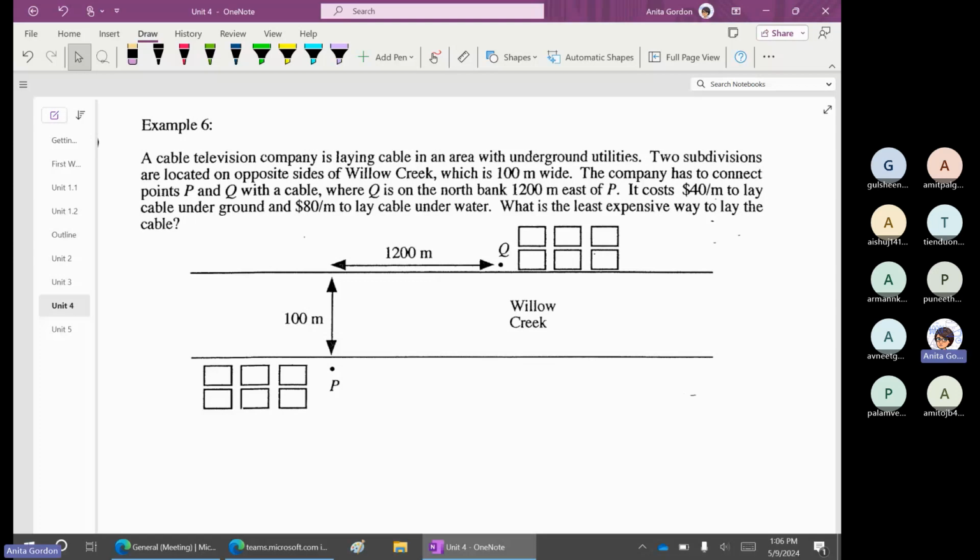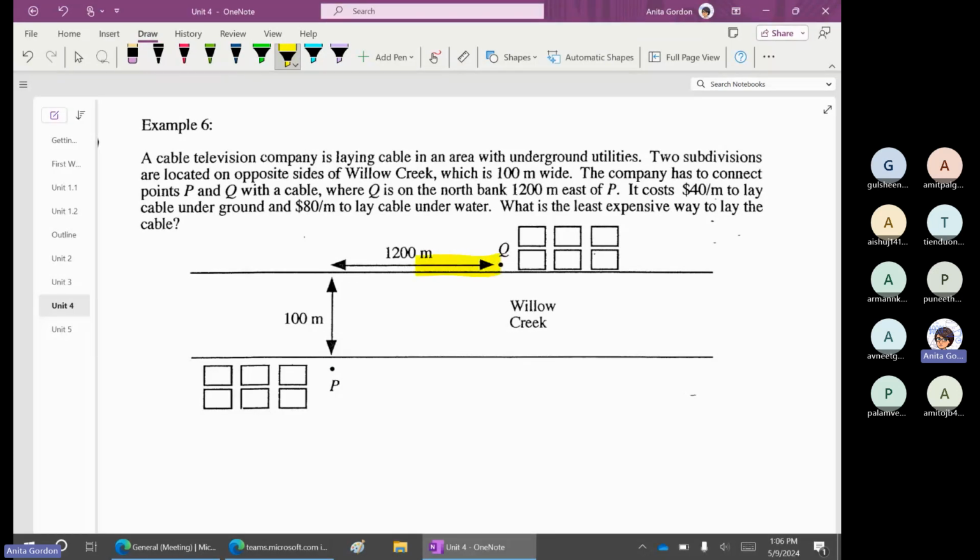So if it were the same cost to connect, then the shortest path between P and Q is just a direct line, right? But it costs double the amount of money to bury the cables in the water than it does to bury the cables in land. So we have to have some combination of land and water.